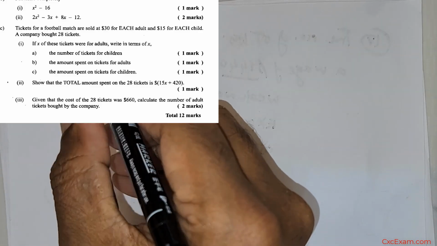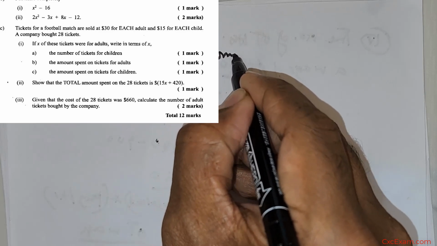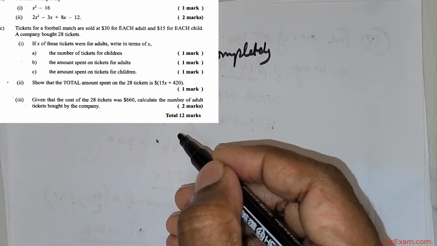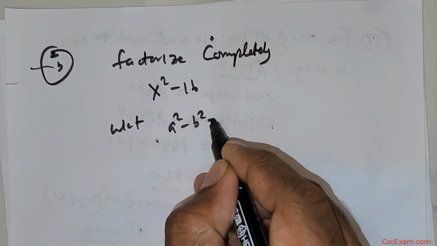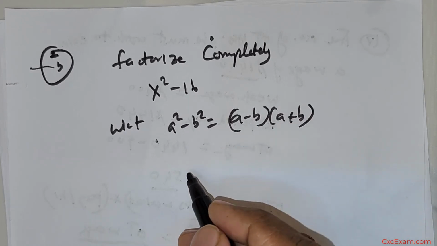So this is the next question, 2b. They are asking us to factorize completely x squared minus 16. Now we know a formula. What is that? a squared minus b squared is (a - b) times (a + b).